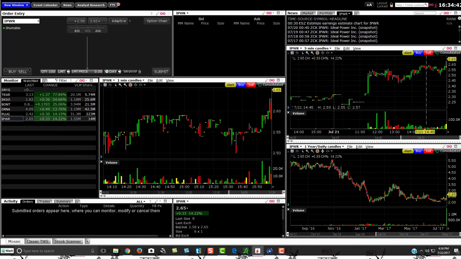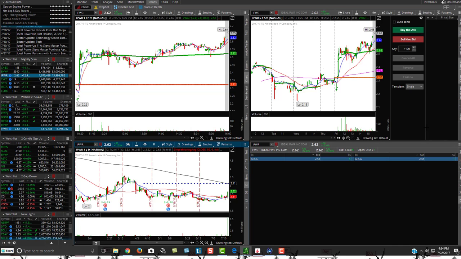And ideally, I also like to try to put ones that have, in an ideal world, under 20 million float, but up to under 50 million float, just ones that actually move a little bit more. Unless there's something that's really overextended that might be pulling back or breaking a huge resistance area, then I'll put it on there.